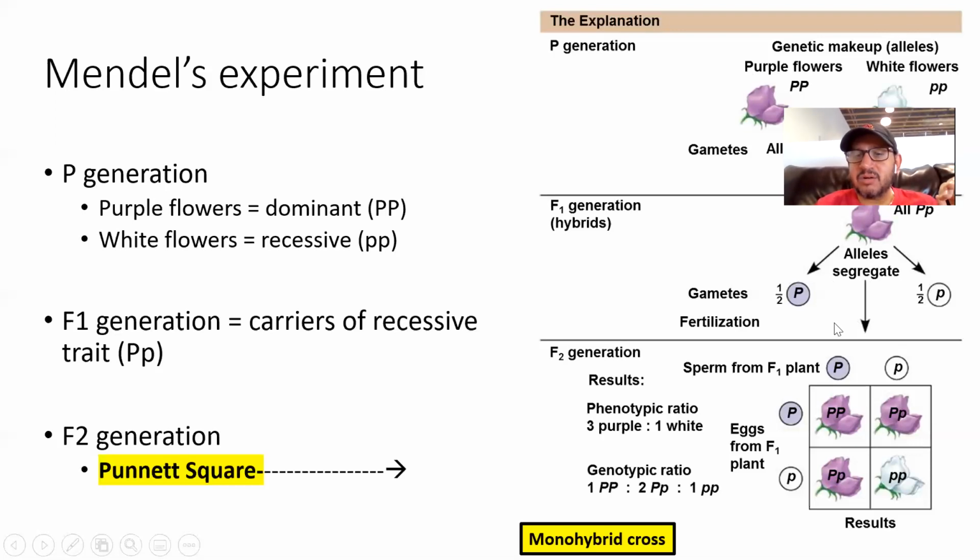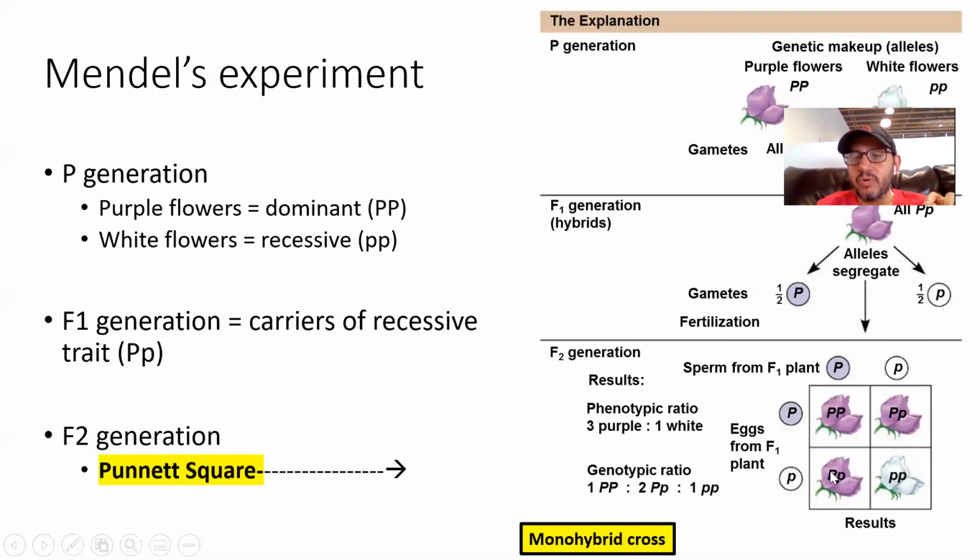Then he crossed the heterozygous, which is all of this right here, and he was able to come up with the fact that there was 1 homozygous dominant, 2 heterozygous, and 1 homozygous recessive.